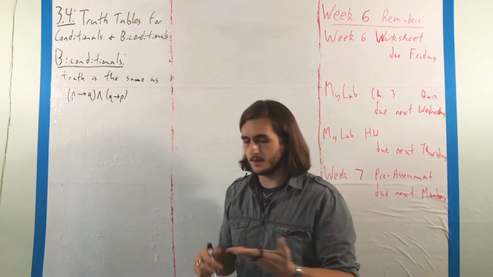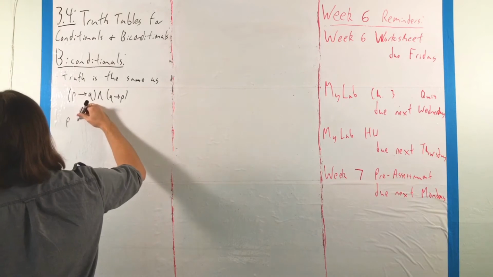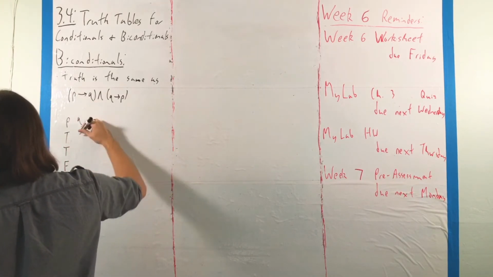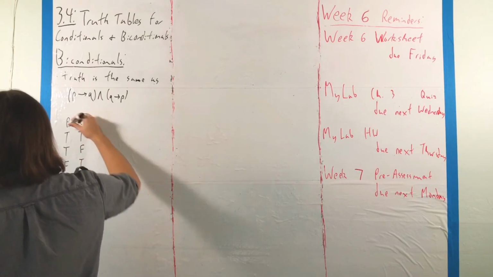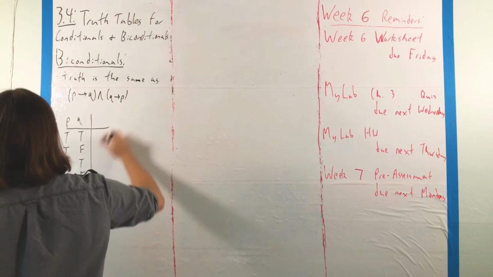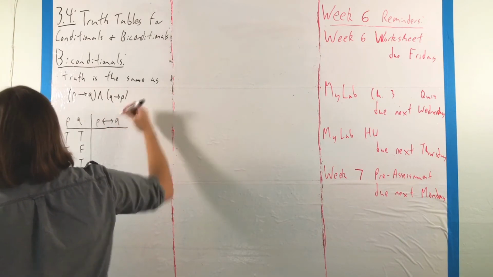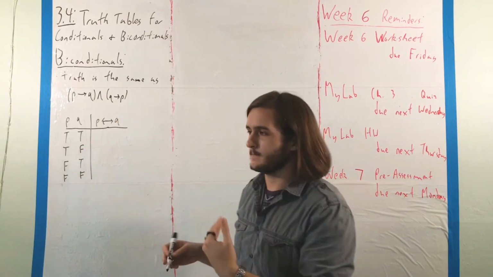So if you want to think about that generally, if we've got statements P and Q, which have the standard setup for looking at just two things as usual, in order for the biconditional P if and only if Q to be true, we need to have the exact same thing happen.